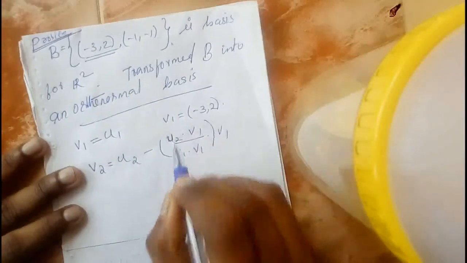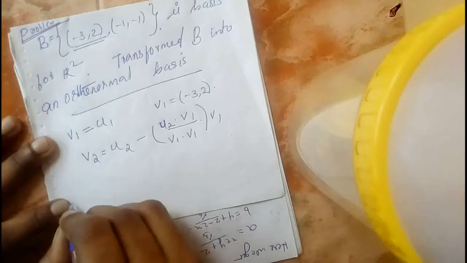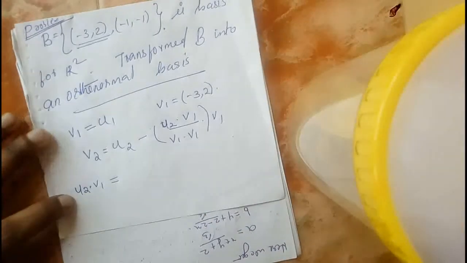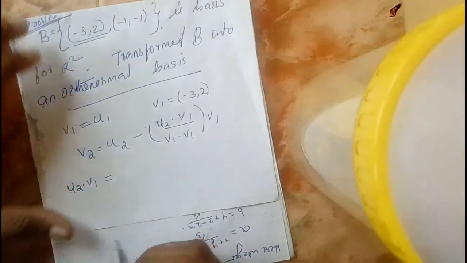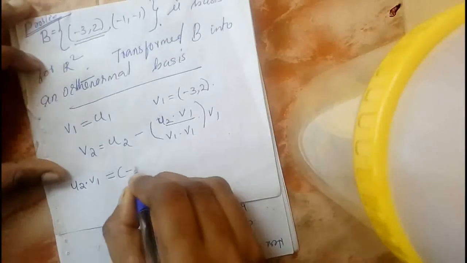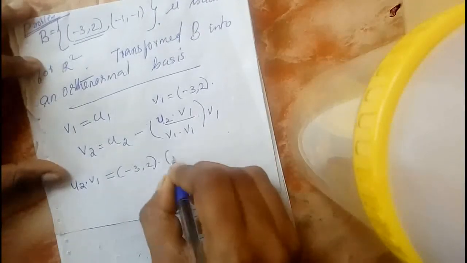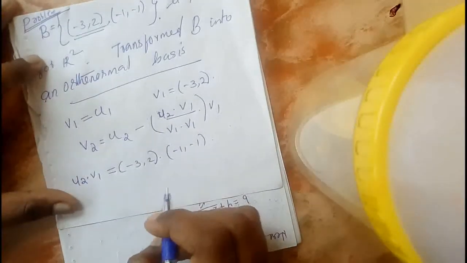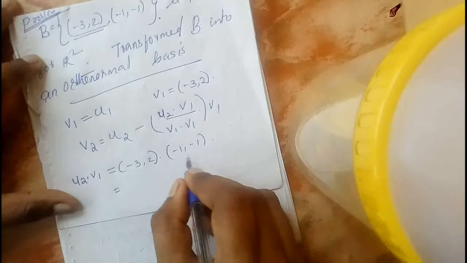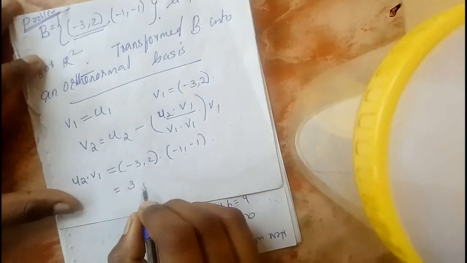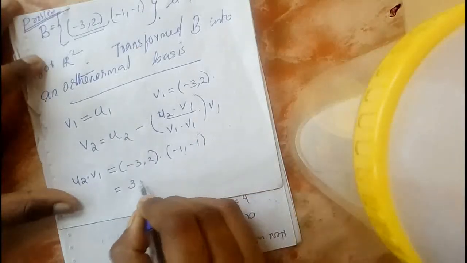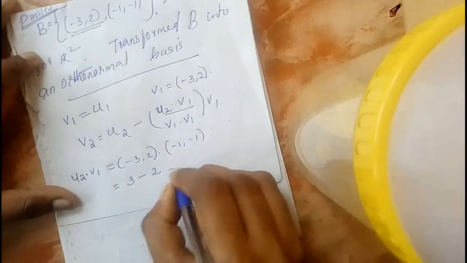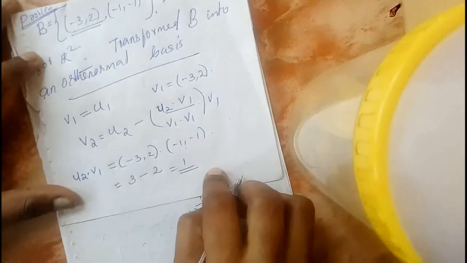So we need to find u2 dot v1 and v1 dot v1 separately. u2 dot v1 is (-3, 2) dot (-1, -1), which equals -3 into -1, 3, plus 2 into -1, -2. 3 minus 2 equals 1. So u2 dot v1 is 1.